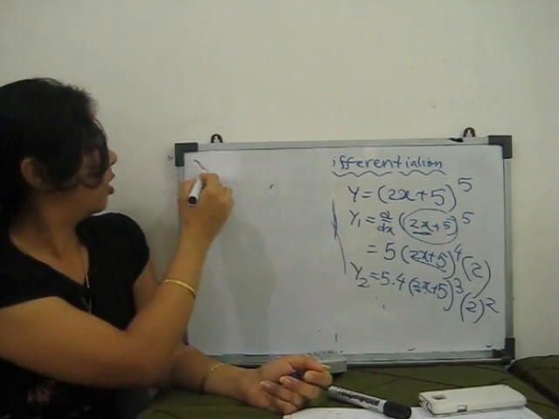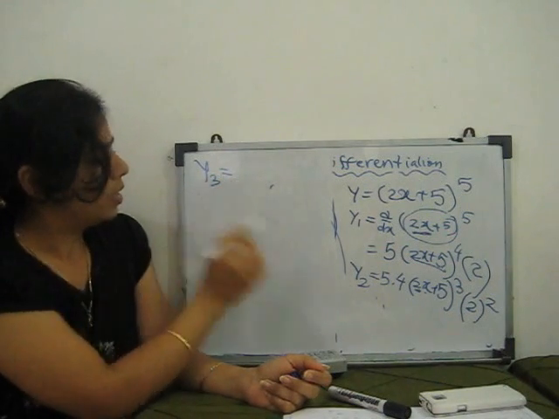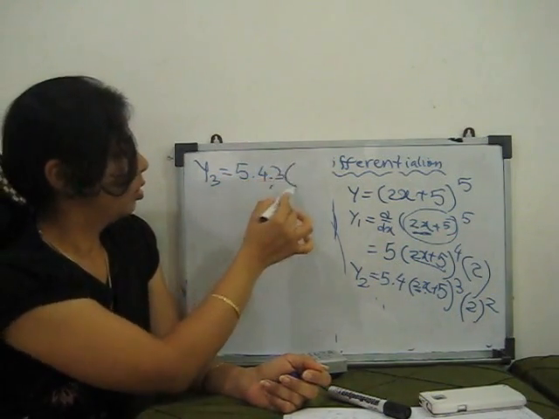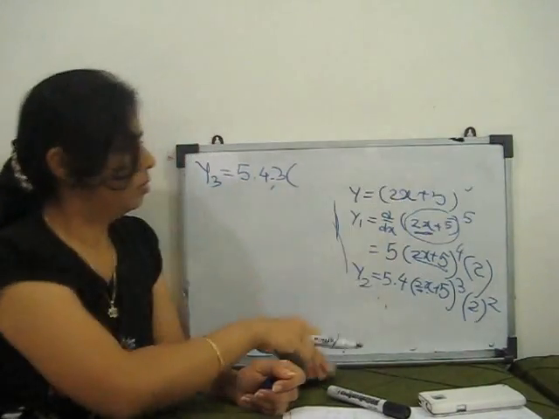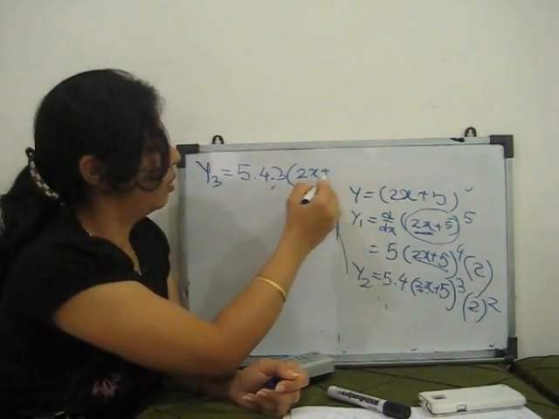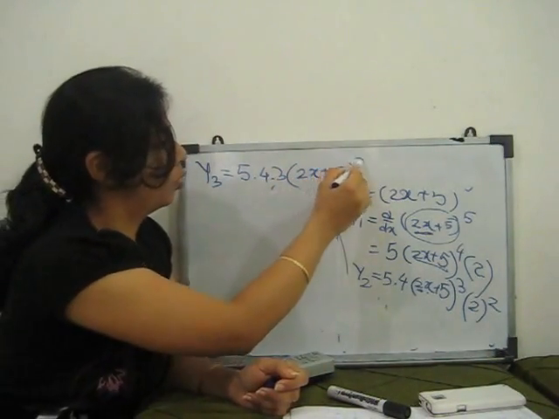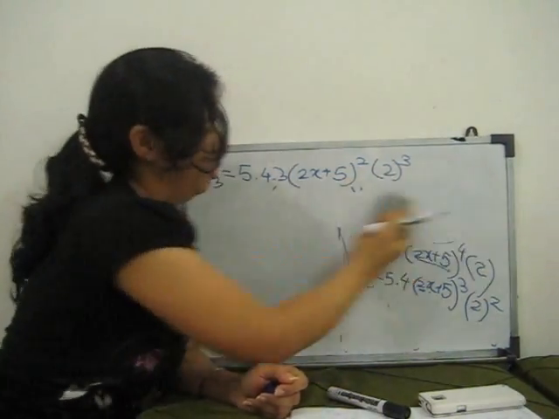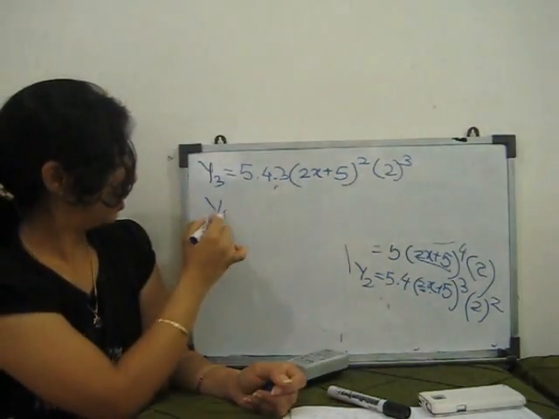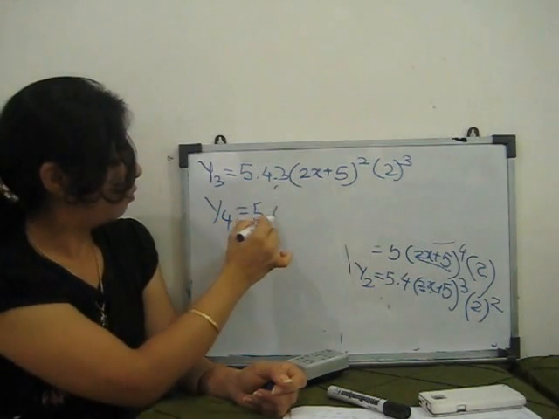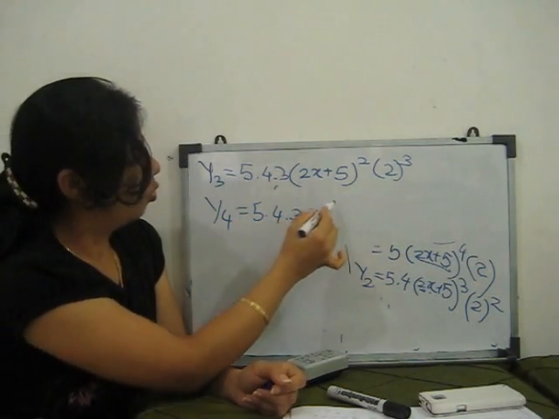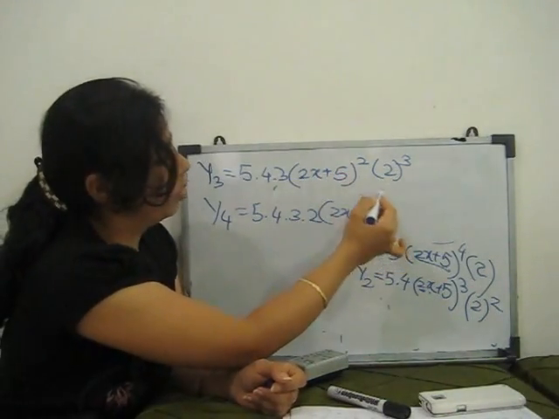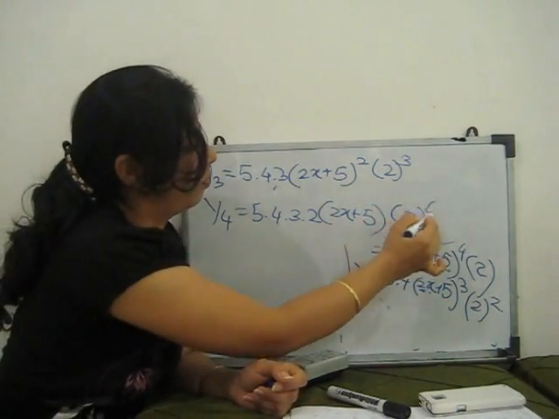If we want third order y3, then y3 is again 5 4 3 (2x plus 5) to the power 2 and 2 to the power 3. This is third order, and the fourth order is 5 4 3 2 (2x plus 5) to the power 1, 2 to the power 4.